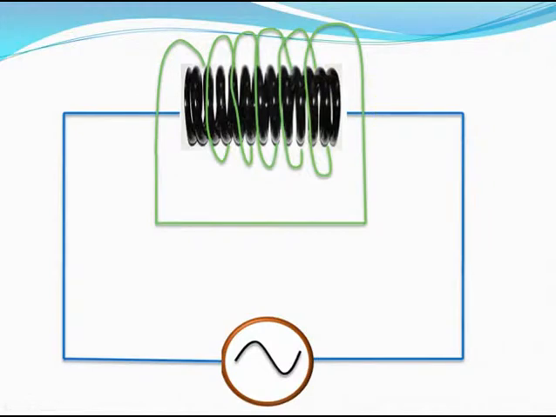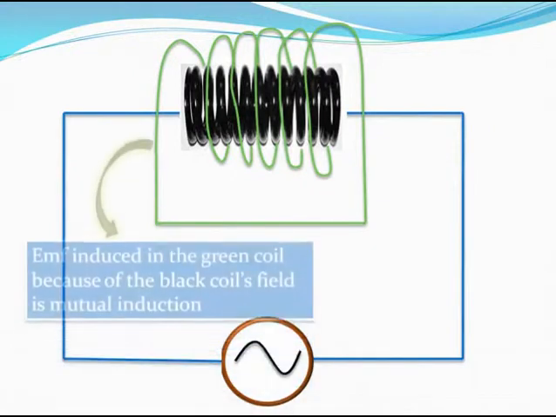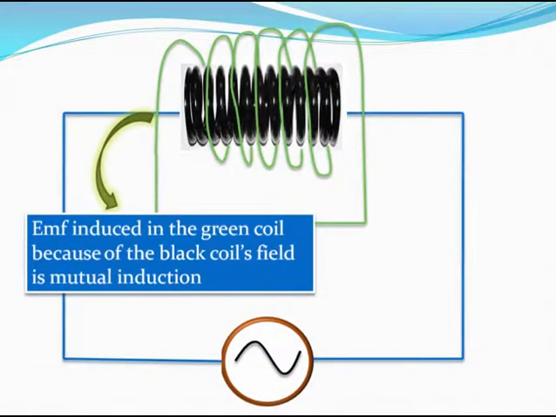Because of the variation, an EMF will be induced. The magnetic flux through the green coil will also vary, isn't it? Because after all a portion of the green coil is enclosed by the black coil, isn't it? And so the EMF induced in the green coil because of the black coil's magnetic field is called mutual induction.